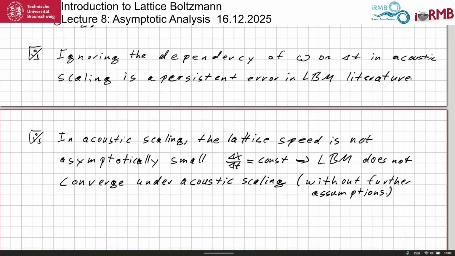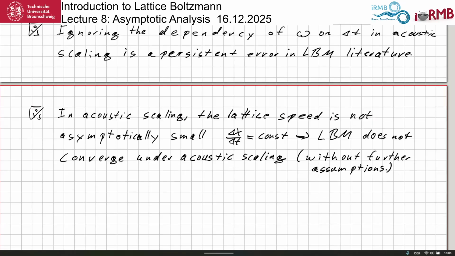So whenever our velocity is not zero, we make some sort of error. And if the velocity that we use in that particular simulation is not scaled down together with our smallness parameter, this error will not decrease. And because the error will not decrease, the method does not converge. Yeah, lattice Boltzmann does not converge in that scaling.